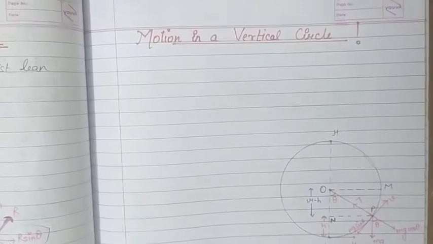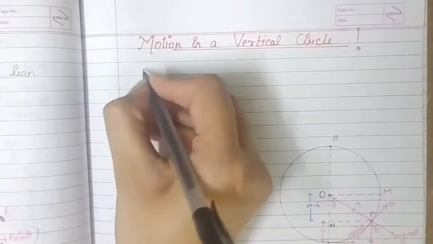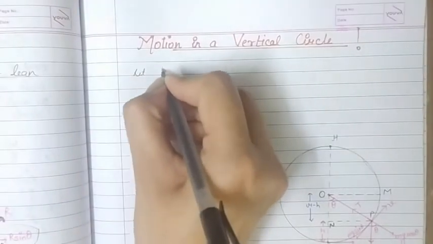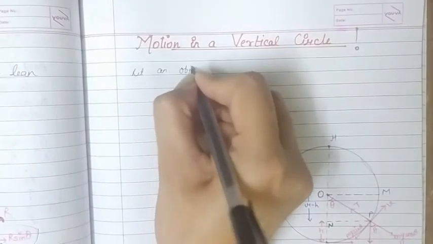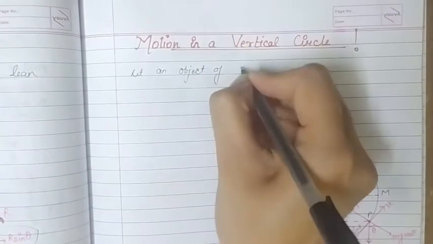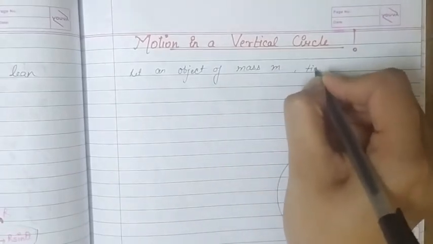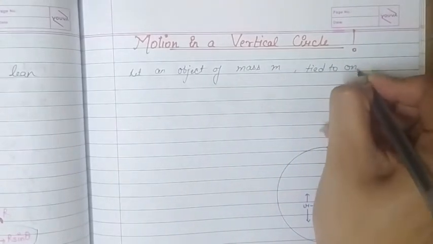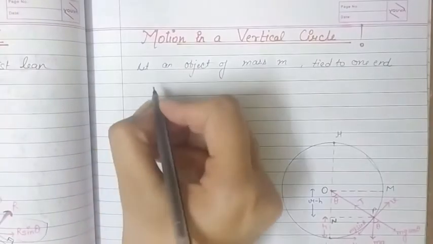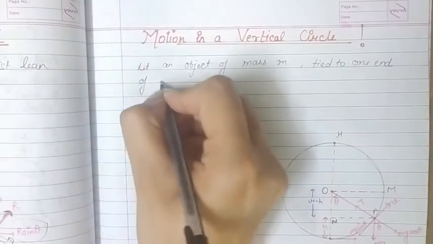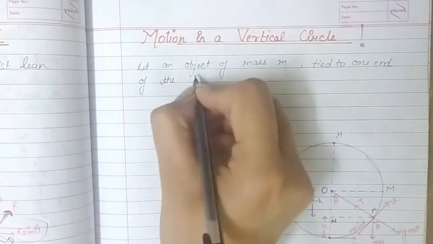So to understand this topic, we are assuming an object of mass m tied to one end of the string, right?